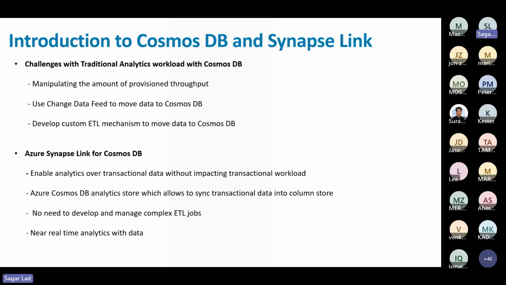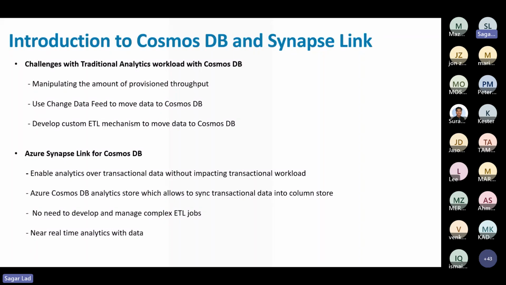Now, in order to overcome these challenges, we can use Synapse Link for Cosmos DB. With Synapse Link for Cosmos DB, it will enable analytics over the transactional data without impacting the transactional workload. Another benefit is that the Cosmos DB Analytical Store is an inbuilt feature of Synapse Link for Cosmos DB, which will allow syncing the transactional data into the column store.